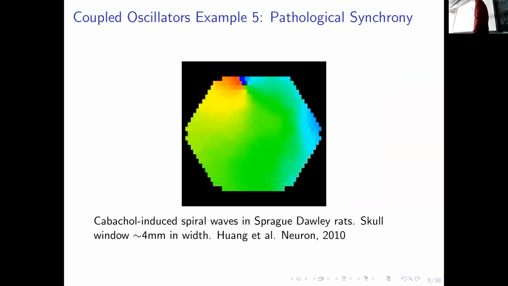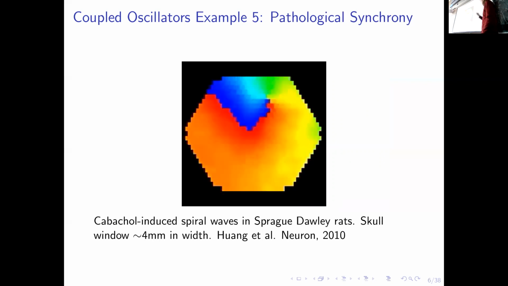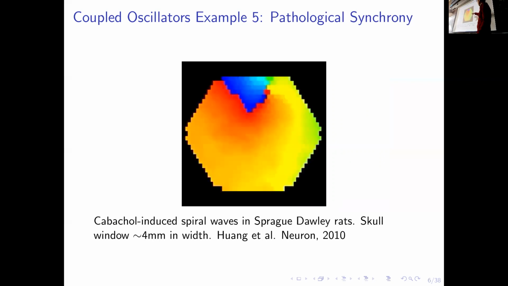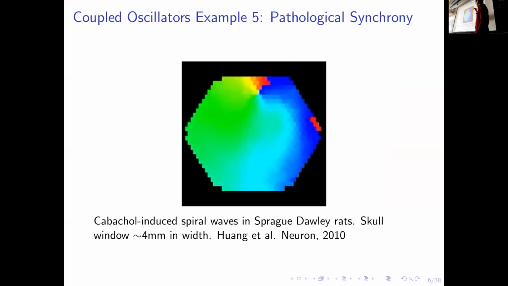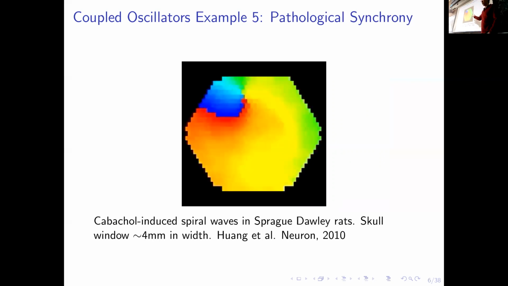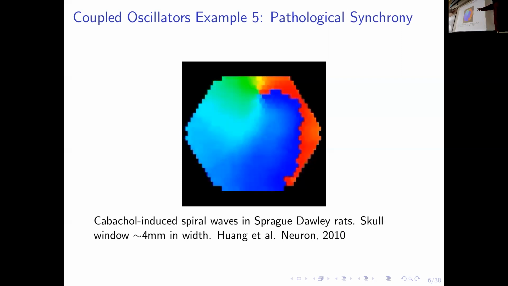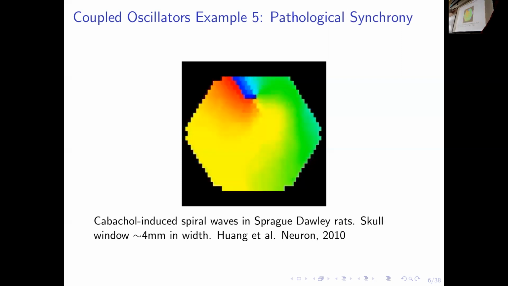Okay. And this is an example that if you have synchrony, it's really bad, because it's epilepsy. And part of my work, hopefully at some point, is to understand how we can better control these epileptic spiking things, and therefore control epileptic seizures.